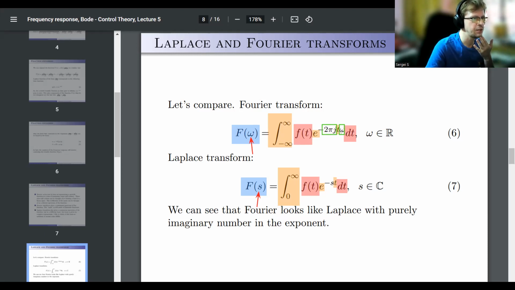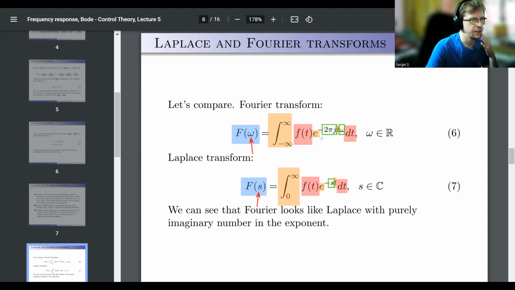So this whole thing is just a complex number that can be anything. This complex number here goes directly here, but this variable here is not complex, it is real. Here we have almost the same situation, but we have S, which is a full-blown complex number. So omega is still real, it is just multiplied by a complex j. Here S is a complex number.